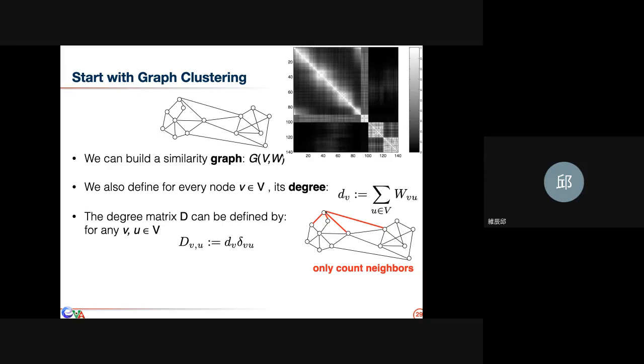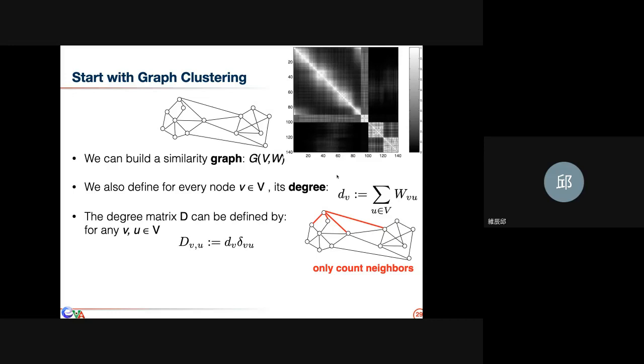So if you have some specific definition of the similarity, then maybe a single data point only connects to some neighbors, a small group of neighbors. In this kind of similarity graph, we only count the neighbors. And here comes an example of the similarity matrix. This is just a real example of the similarity matrix.